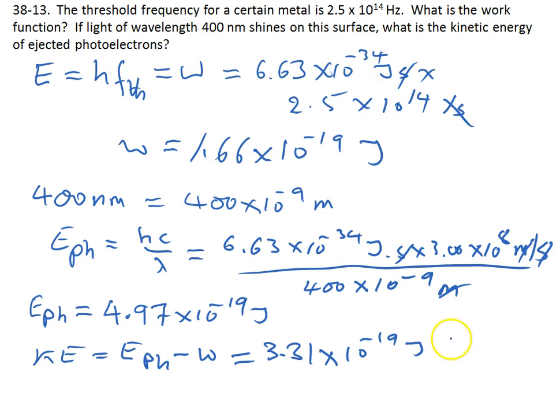The kinetic energy is also equal to half mv squared, where m is the mass of the electron.